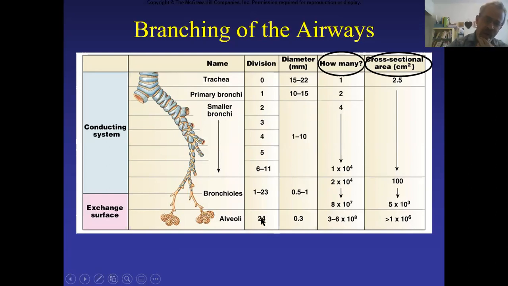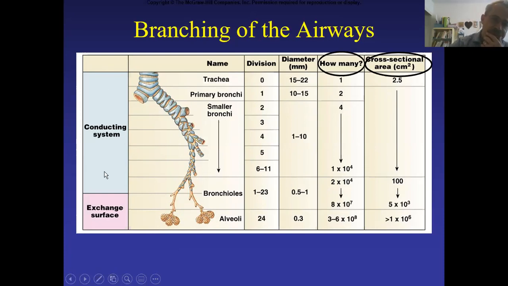There's 24 branches of the alveoli, which results in roughly about 300 million alveoli. That's per lung, which leads to a surface area of greater than 1 million. So a lot of branching, greatly increasing the surface area, which is ideal because by the time we get to here, this is when we want to do the gas exchange.